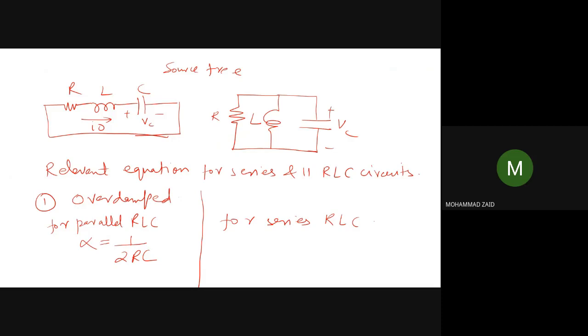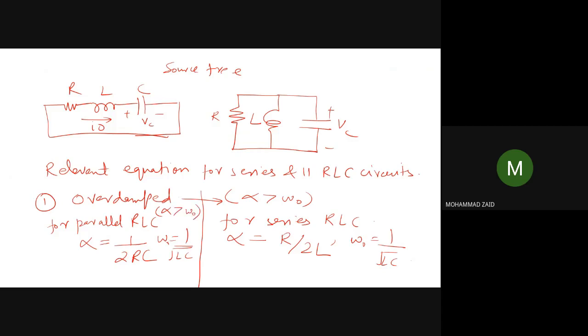In this case, for series RLC, the alpha value is R by 2L. Okay, omega naught is the same. Here also omega naught is 1 over under root LC, and here also omega naught is 1 over under root LC. Okay, the roots are the same. The condition for overdamped is also the same for both: alpha should be greater than omega naught, here and here.